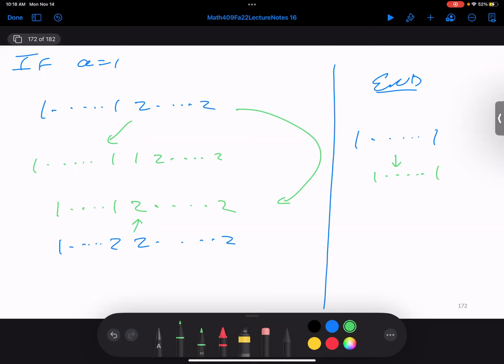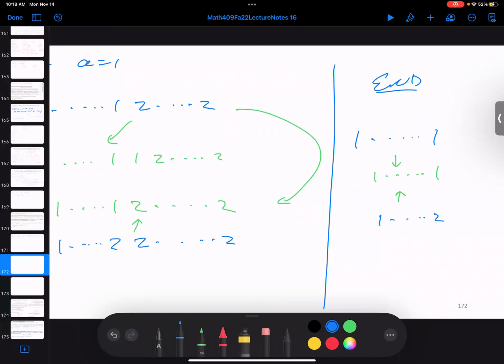What else could have gone to this? If this was a 2 and everything else was a 1. So if I have 1 dot dot dot dot 2. So we have a bunch of things that are going to two different items. But there's a lot of repeats that are happening. And the final thing of all 1s doesn't go to anything new.